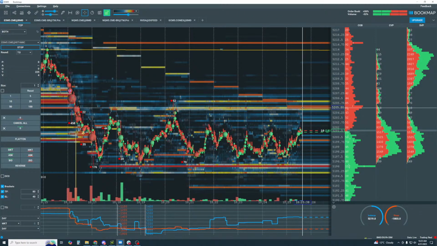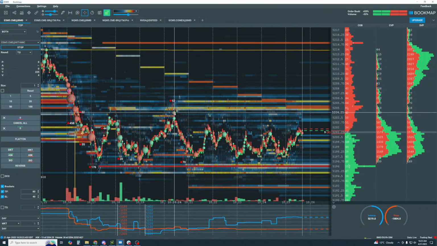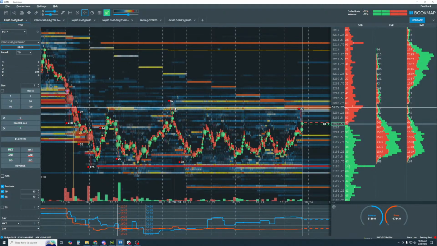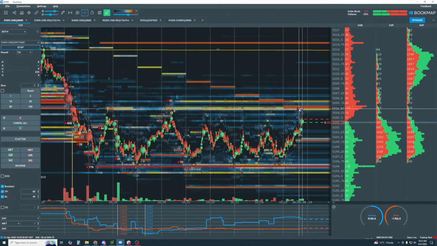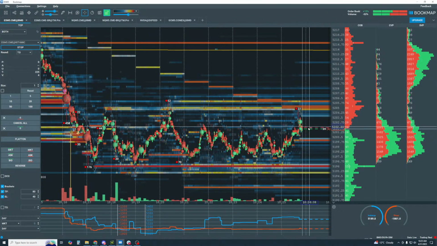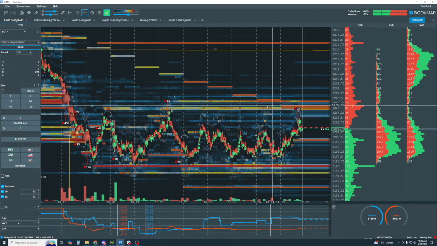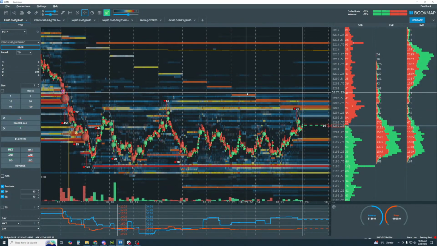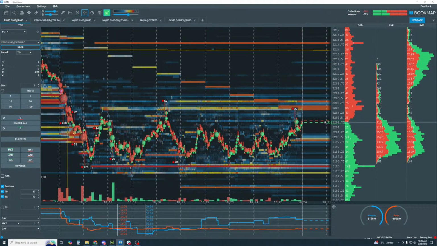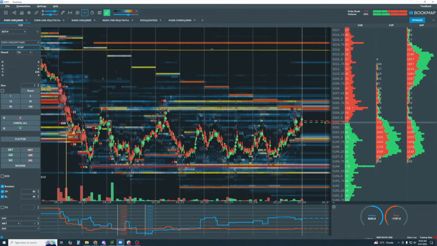So we have the potential to move up to 0.5. There's a swing up here close to 0.5, and there's liquidity here at 0.5. Let's see if we get enough buyers to push that a little bit higher. Shark, I love your attitude. It's going to be a good week. Yes.